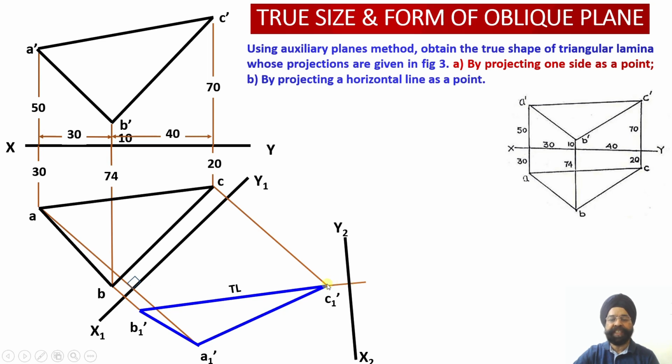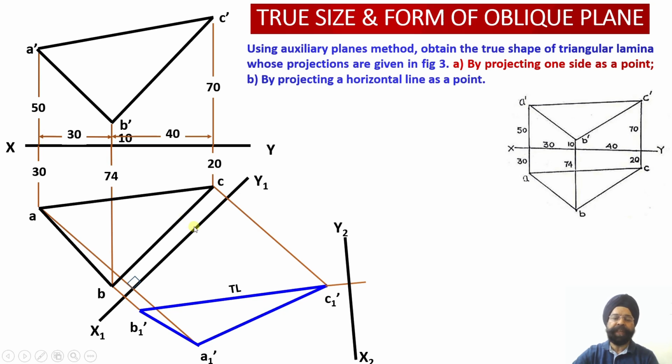After extending this true length, another question arises: what should be the distance between this extension and the new auxiliary plane? This distance should be kept as low as possible, and I am always telling you it should be approximately 10 millimeter. Similarly, people often ask how much this other distance should be. This distance should also be minimal. Usually, without measuring, we can keep this distance around 10 millimeter.